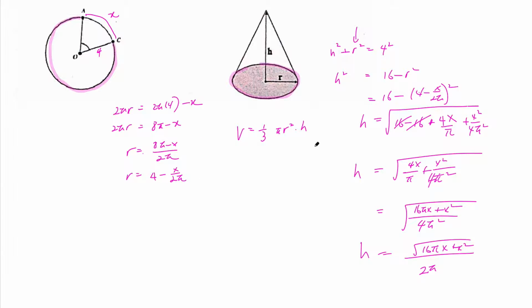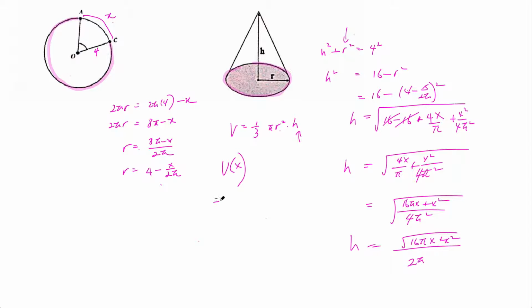Alright, so replace h with this, r with this, and now we have V as a function of x. Okay, so let's write this out. 1 over 3 pi, 4 minus x over 2 pi squared, and this. Okay, so that cancels out. That gives you 1 over 6.